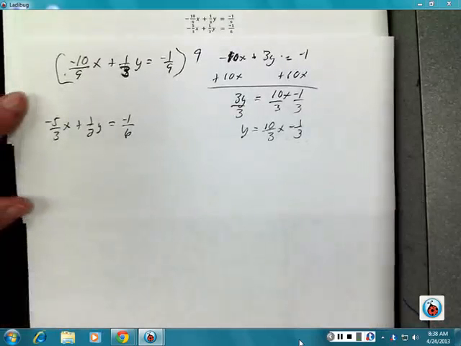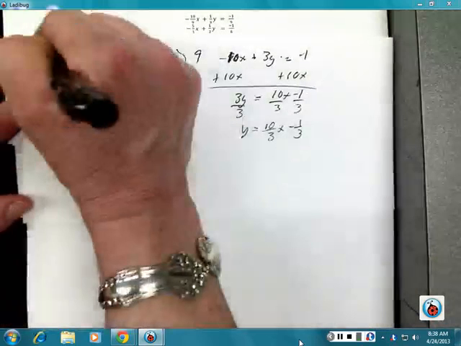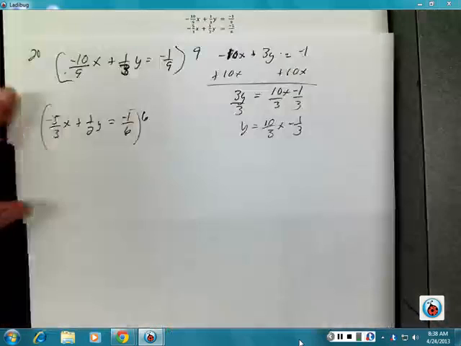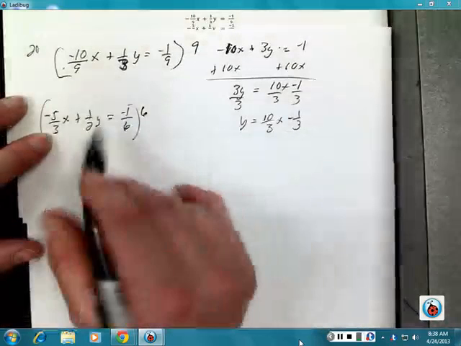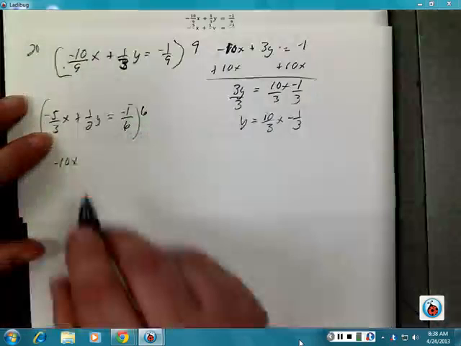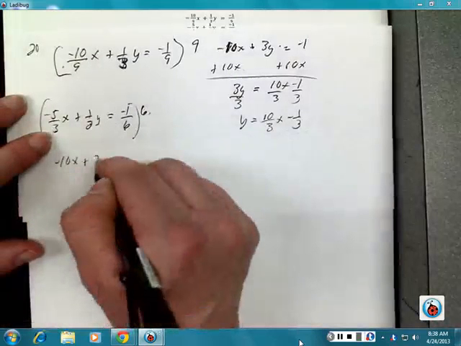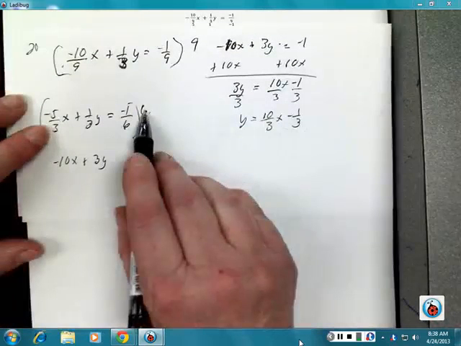Between 3 and 2, the common denominator is 6. So 3 goes into 6 twice, gives me a negative 10x. 2 goes into 6 3. And 6 goes into 6 once.